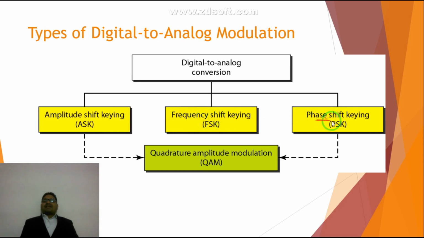And for PSK, phase is going to change, keeping frequency and amplitude constant. And there is a hybrid modulation called QAM, that is quadrature amplitude modulation. In this, amplitude and phase are going to change, frequency remains constant. So two characteristics of the carrier change, amplitude and phase. That is nothing but quadrature amplitude modulation, but it is not in your syllabus. So we are going to discuss only these three.